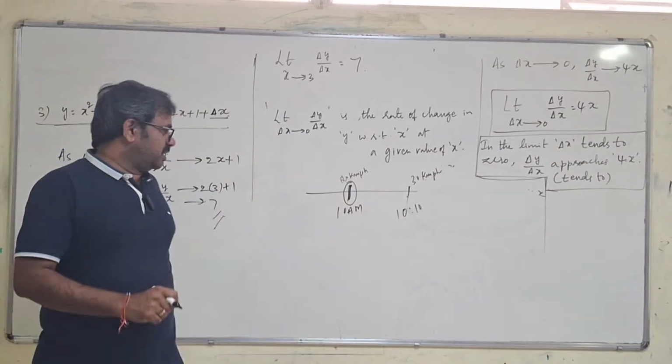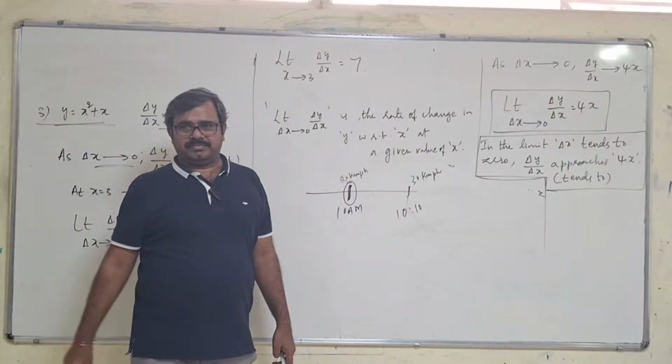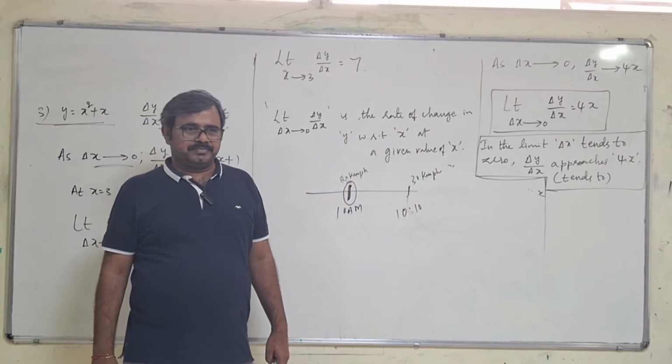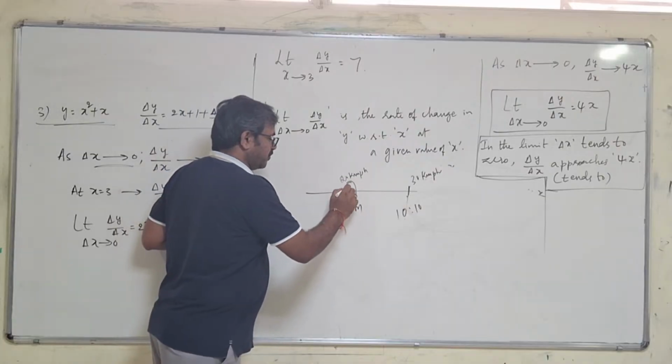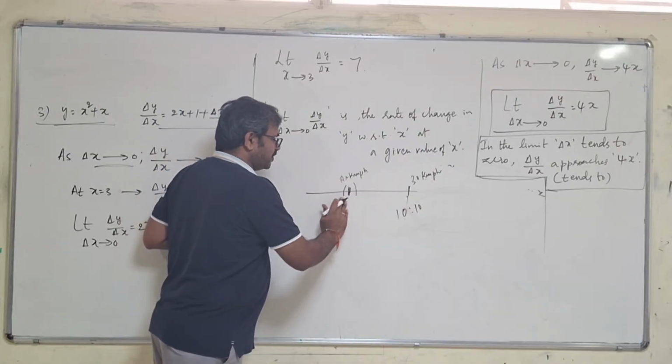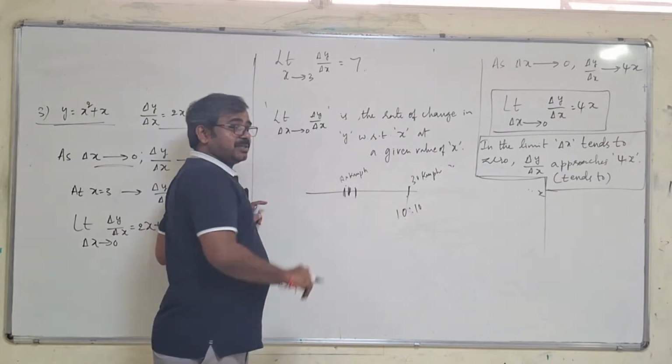But what we are doing here is to find speed at a given instant of time. To find speed at a given instant of time, construct a small interval around that given instant of time.